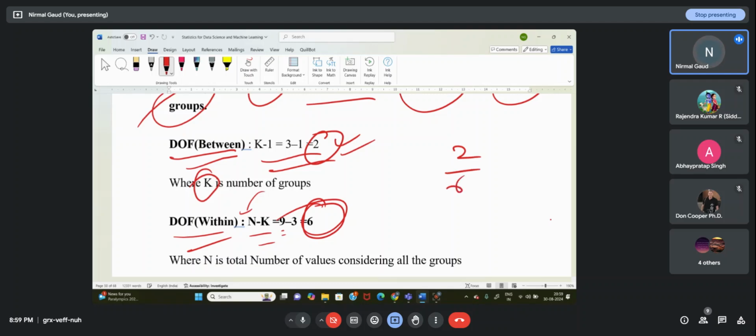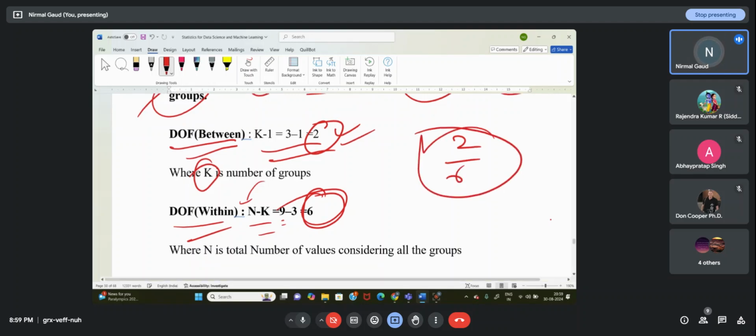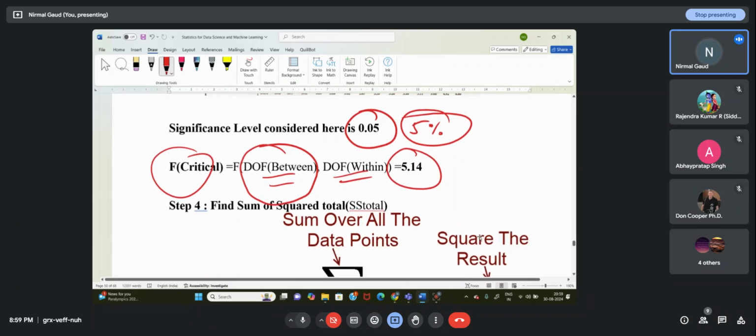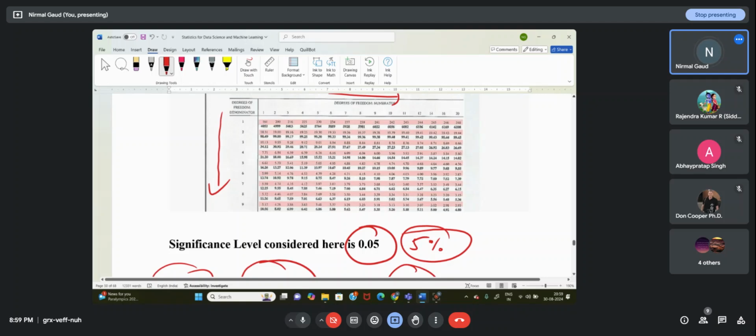So 2 by 6, between by within. This is 2 numerator, this is 6 denominator. Kindly check this value. I don't know whether you can see or not, it is 5.14 mentioned.